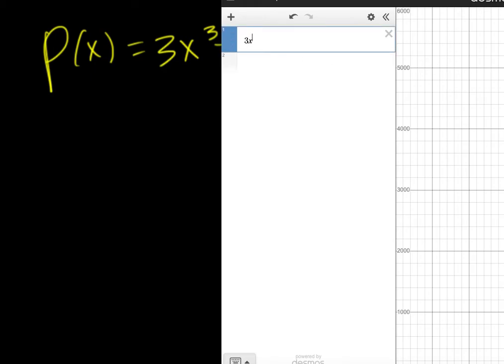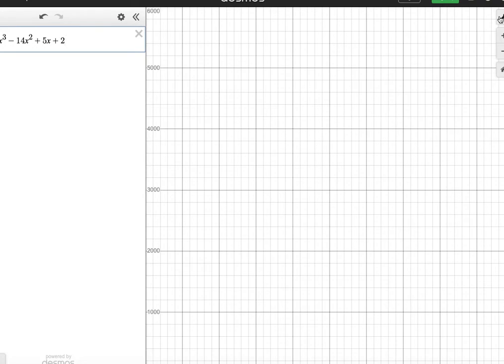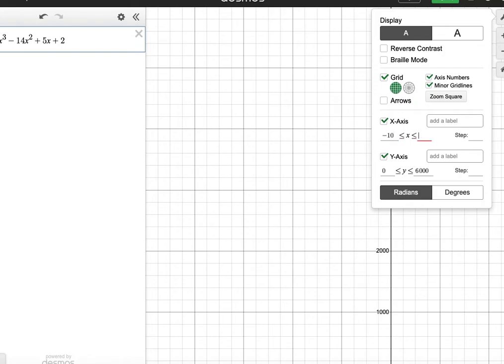So 3x cubed minus 14x squared plus 5x plus 2. We're going to look at that on a graph. So let's change this.